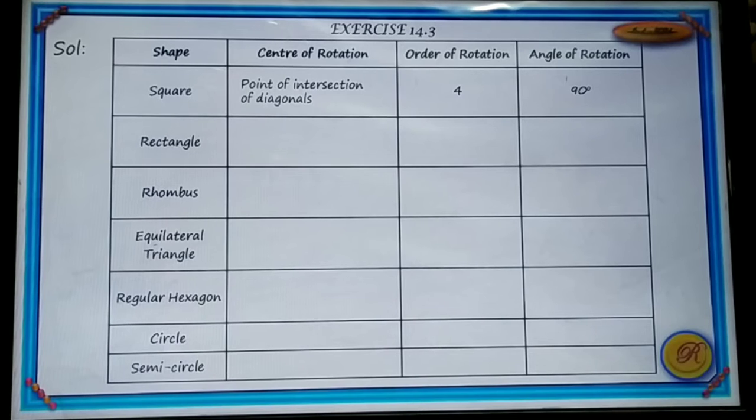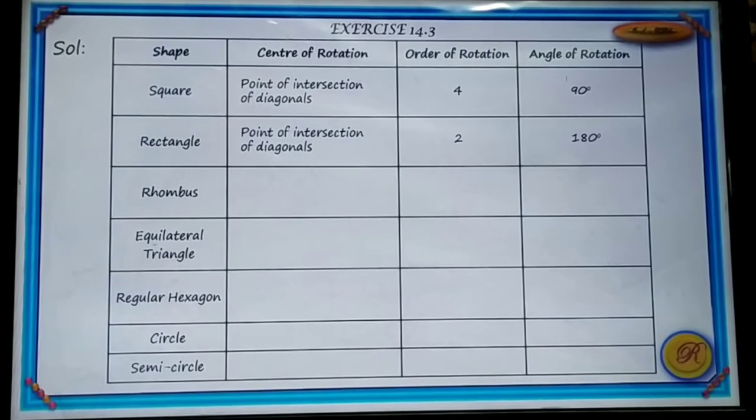For rectangle, center of rotation is point of intersection of diagonals. Order of rotation 2. Angle of rotation 180 degree.